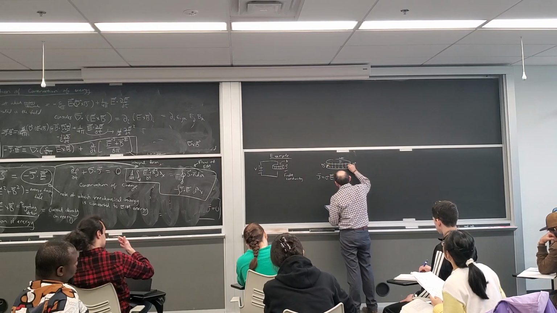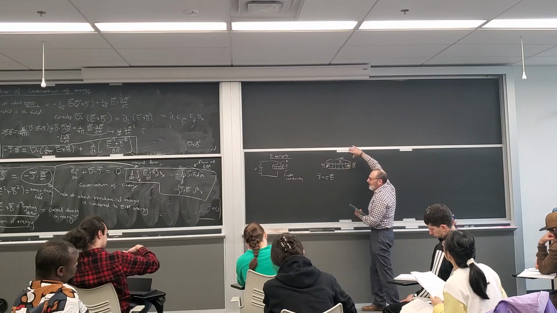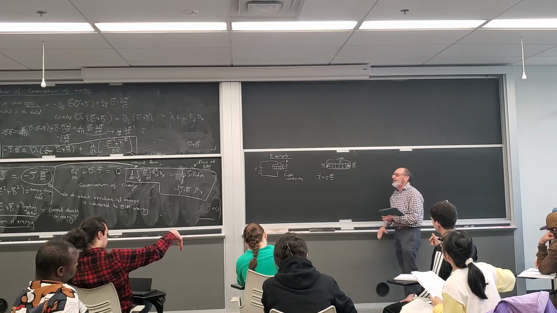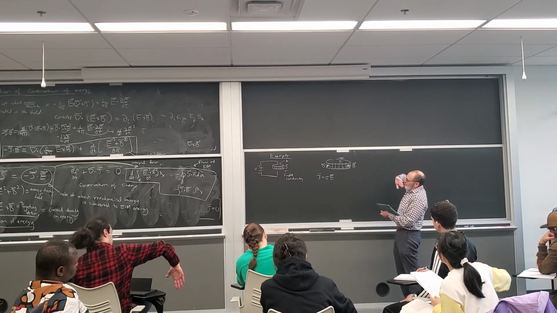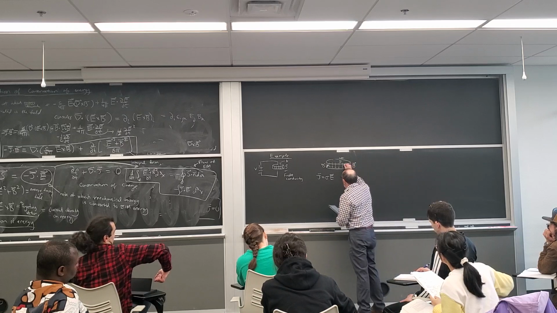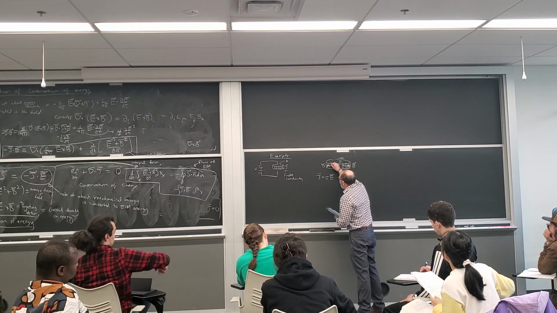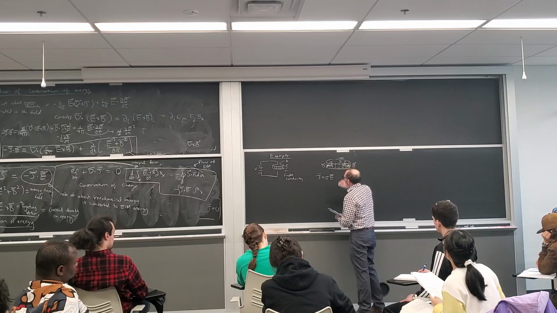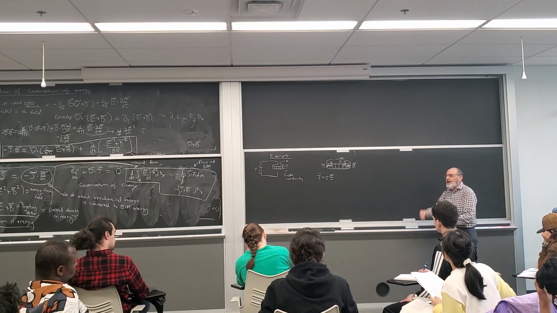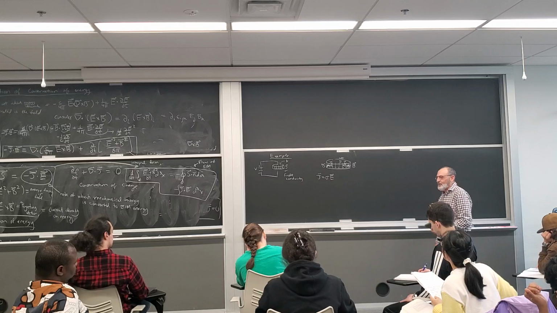Do your right hand rule. B, okay, good. So now what direction is this? E cross B. Interesting. So S is pointing radially inward in this problem.